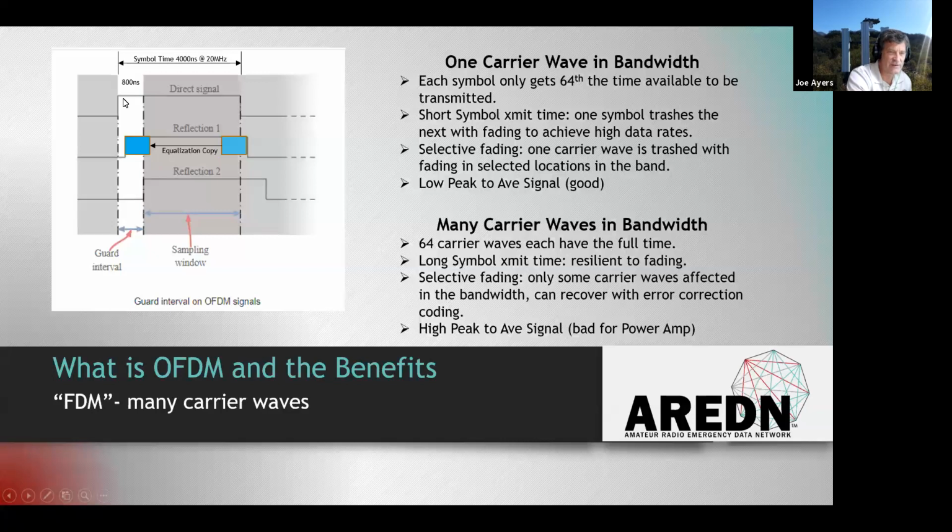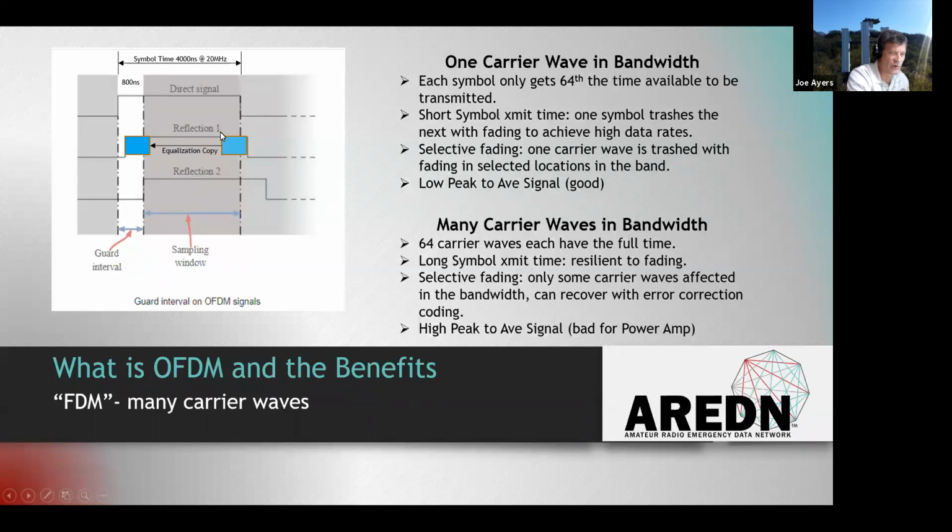And what that does is it's a one-tap equalization. We're transmitting the same signal twice so that the receiver can use that to maximize its ability to detect what the symbol is.